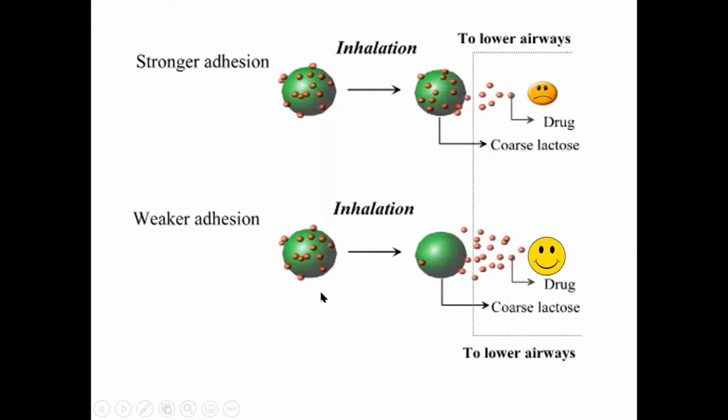But if you reduce the adhesion between drug particles and carrier, although the detachment is going to be very easy, very good in terms of fine particle fraction, the problem is you will get poor homogeneity or poor uniformity. You may end up with segregation of drug particles from carrier. You can see that you should think of compromising between detachment of drug particles and homogeneity or uniformity.